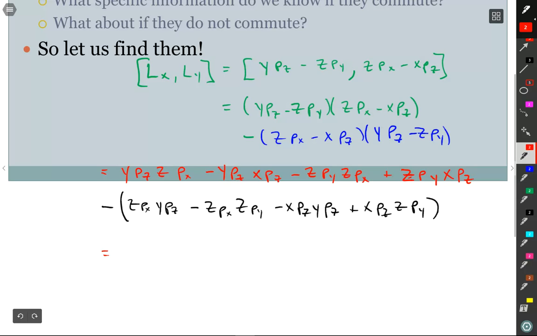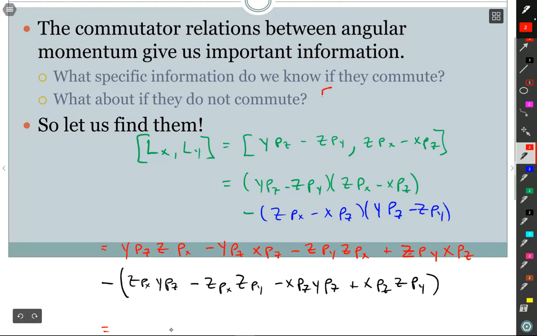y pz z px. Which ones can move past each other and which ones cannot? Well, it actually comes back to commutators. What can you tell me about the commutators? We've already done x comma px. What's x comma px equal to?